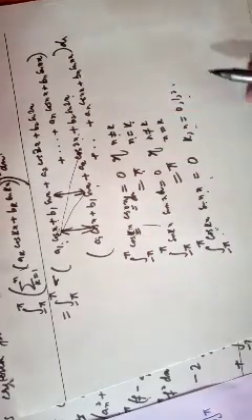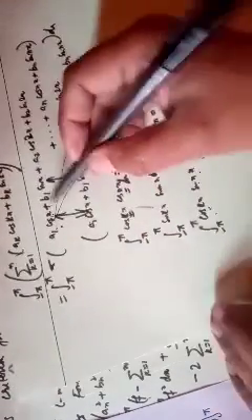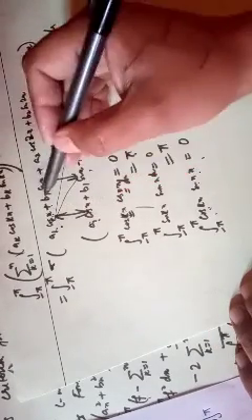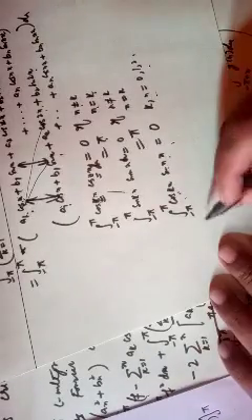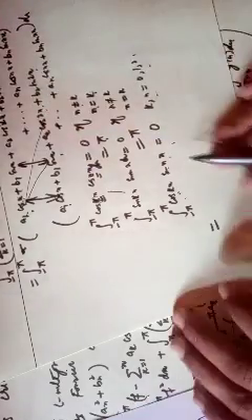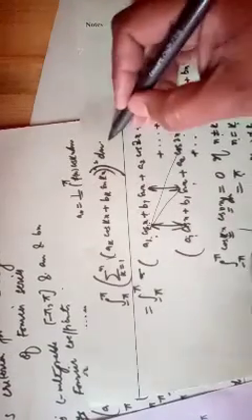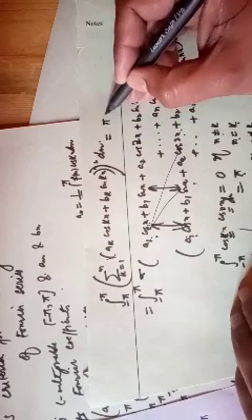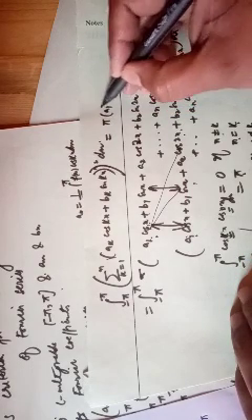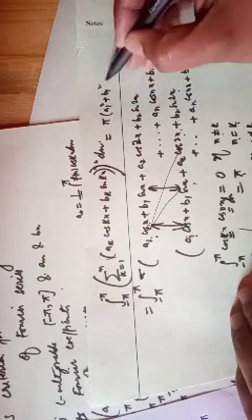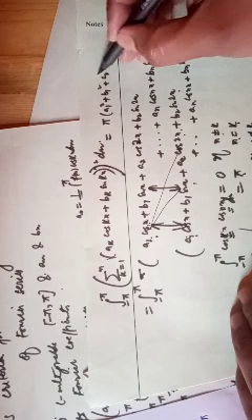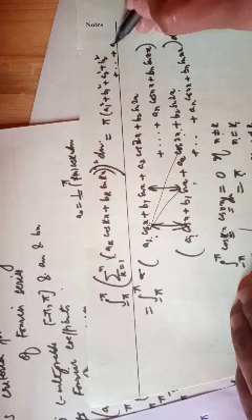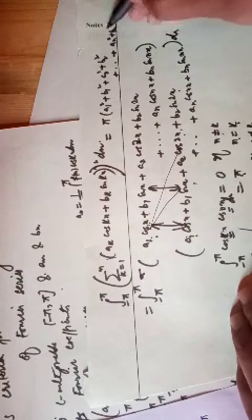So from these terms, when I integrate them, there would be a factor a1 into a1, b1 into b1. So basically I would get from this integral pi into a1 square plus b1 square plus a2 square plus b2 square. All other terms would be 0, up to an square plus bn square.